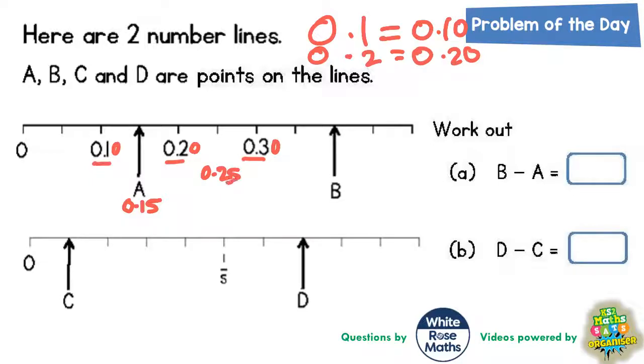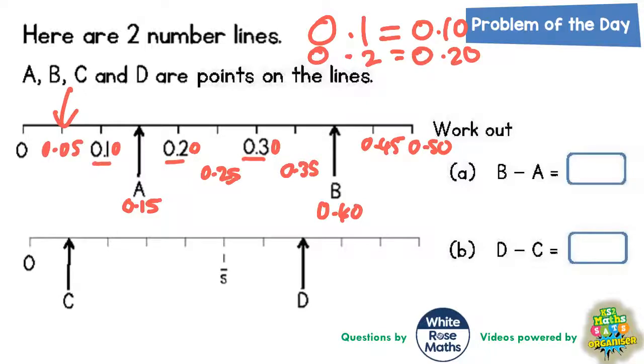Then it would go 0.30, 0.35, 0.40, 0.45, and 0.50. Obviously, this one down at the start here, halfway between 0 and 10 pence would be 5 pence, and 5 pence we would write as 0.05 if we were writing it as a decimal.